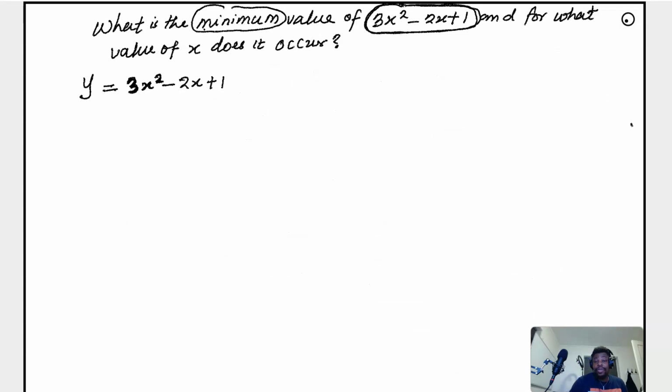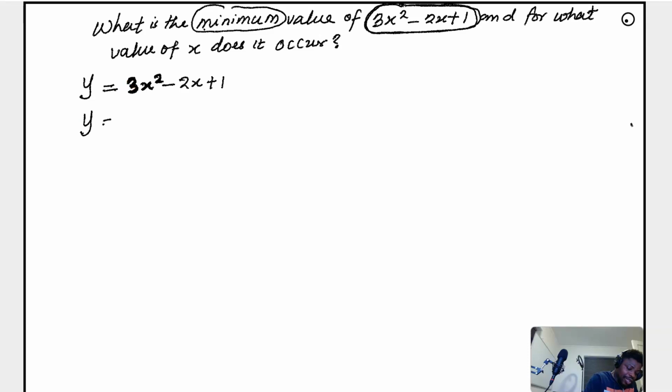Now, let me show you the shortest way of applying the completing the square method. So you have y is equal to 3x squared minus 2x plus 1. Remember, before you can apply completing the square method, the variable having the highest power, the coefficient must be 1. But here it is 3.